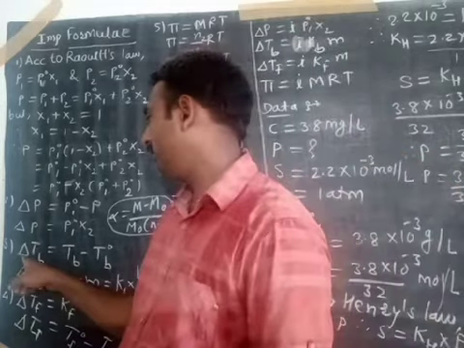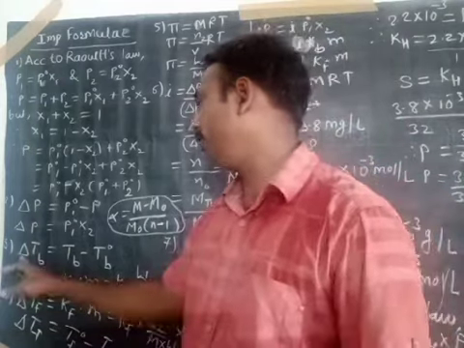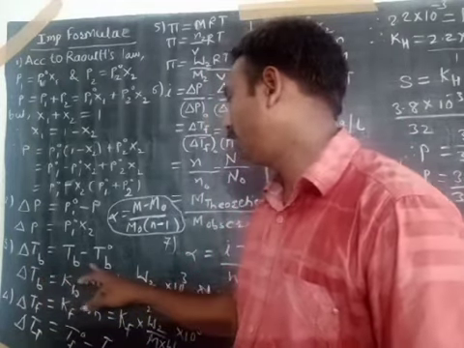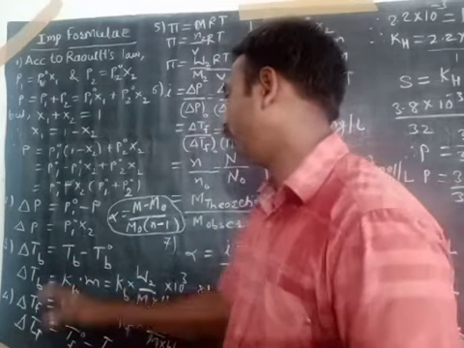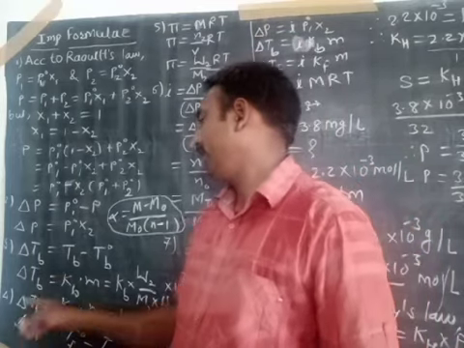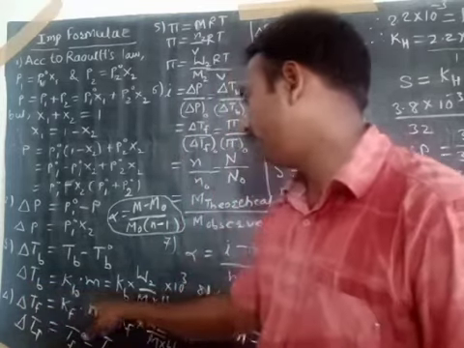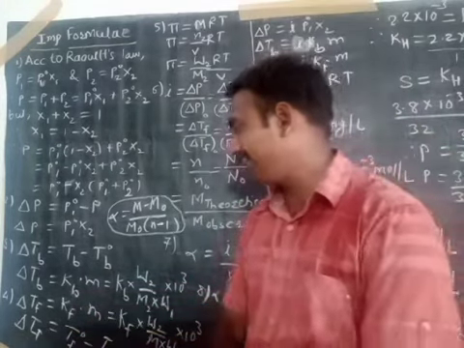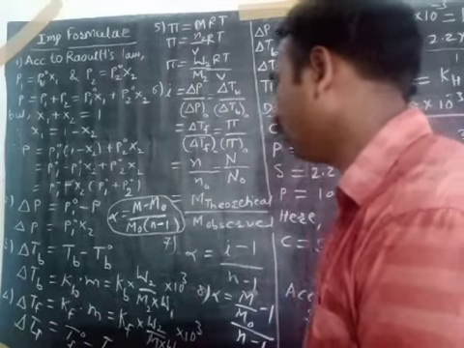The third formula belongs to the second colligative property, that is elevation in boiling point. Delta Tb is equal to Tb minus T0b, where Tb is the boiling point of the solution and T0b is the boiling point of the pure solvent. The second derivation related to this was delta Tb is equal to Kb into m, where m stands for the molality and Kb stands for the molal elevation constant.